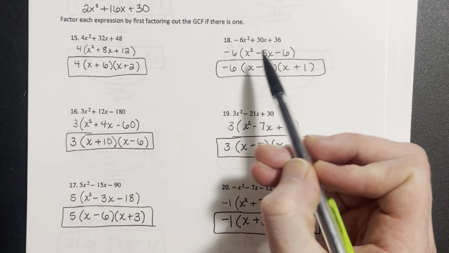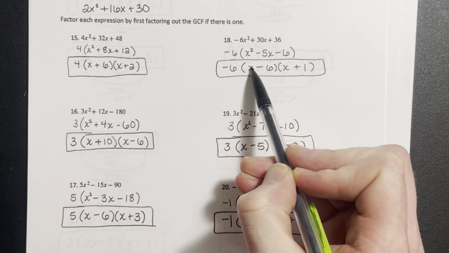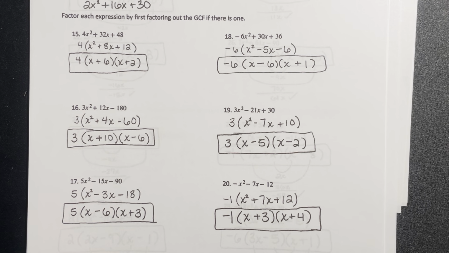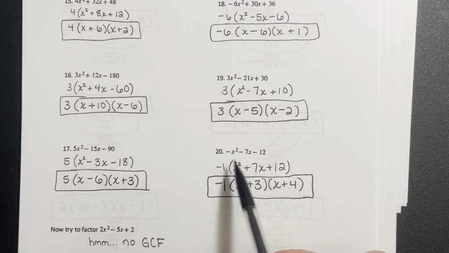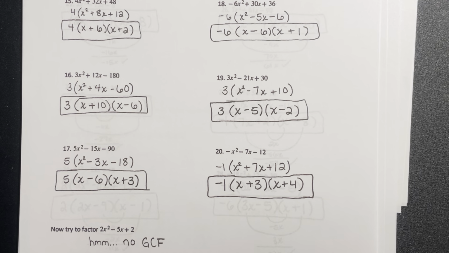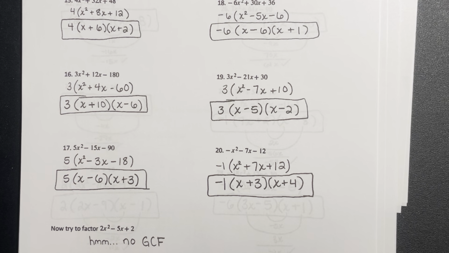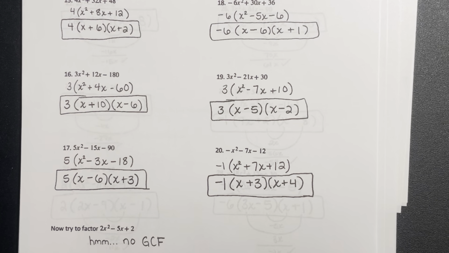That happens because we get into this rhythm of factoring sometimes, and it's much easier when your quadratic term is positive than it is when it's negative. So even for number 20, I would factor out a negative 1 for everything, and then that quadratic term is positive. So x squared is much nicer to work with.